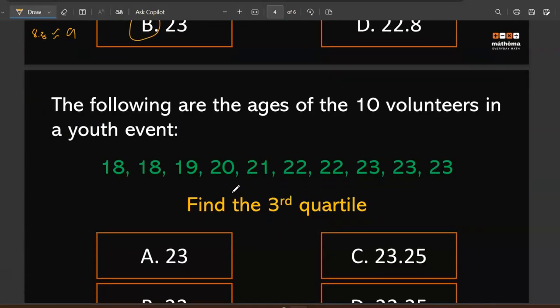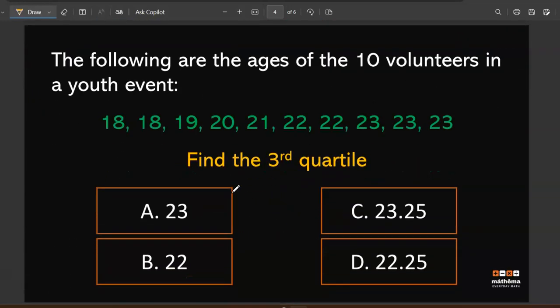Next, number 3. Again, the same 10 volunteers, the same ages. We are asked to find the third quartile. Quartile Q sub k is equal to k over 4 times n plus 1. Our k is 3, our n is again 10. So the third quartile is equal to 3 over 4 times 11.